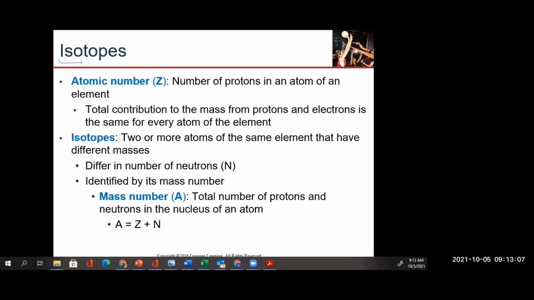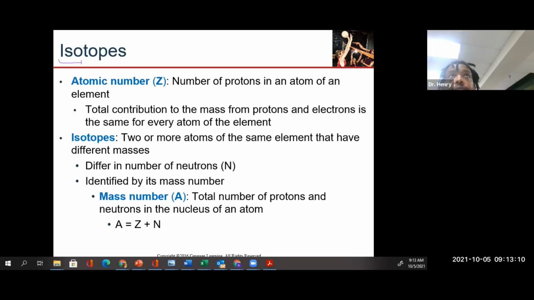But carbon has what we call an isotope. There's carbon 12, which is what we have on the periodic table, essentially. We also have what we call carbon 13. And then there is also carbon 14, but there's very, very little of it.